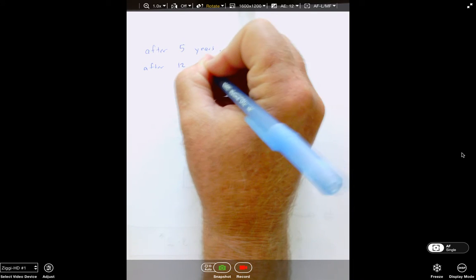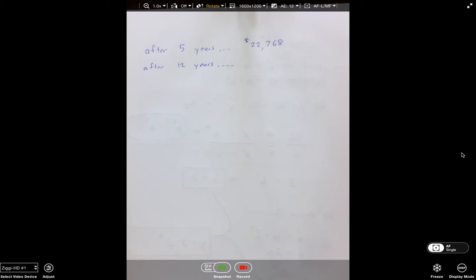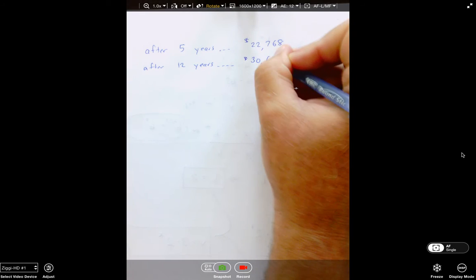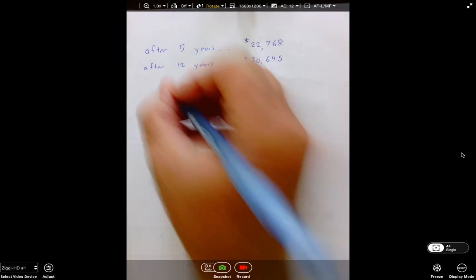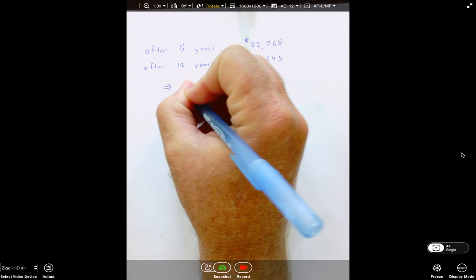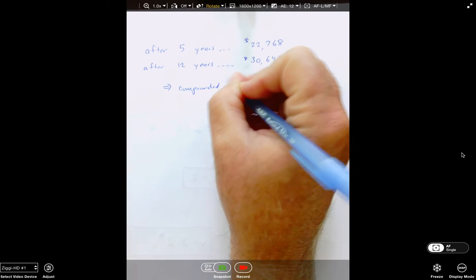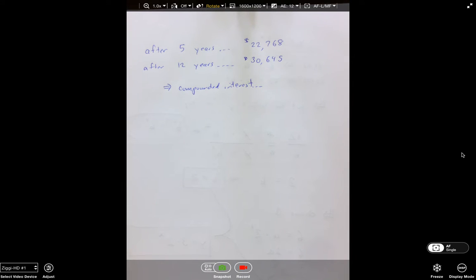Hey guys, this is going to be a lot harder, okay, because it's not going to work out nicely like the other one. After 12 years, our investment was $30,645. We can assume compounded interest.